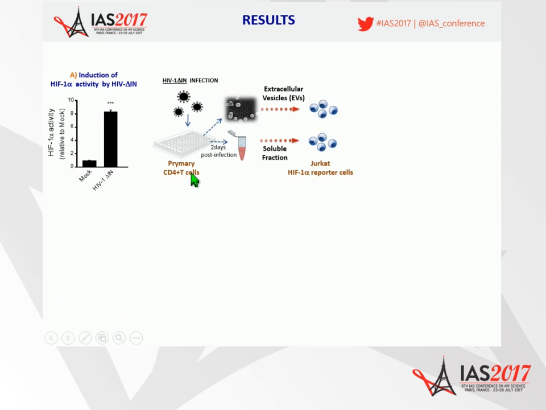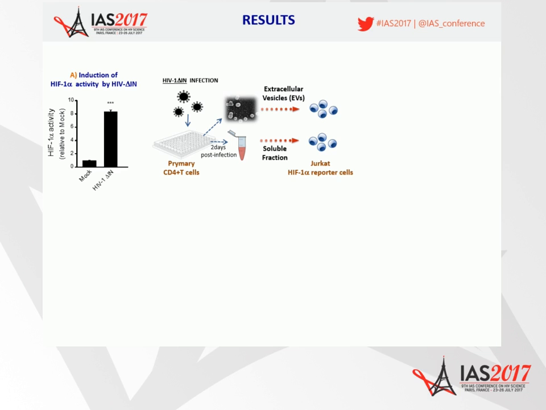The fact that we used an integrase-deficient virus shows that the double-stranded DNA generated by the reverse transcription is enough to induce the HIF activity.